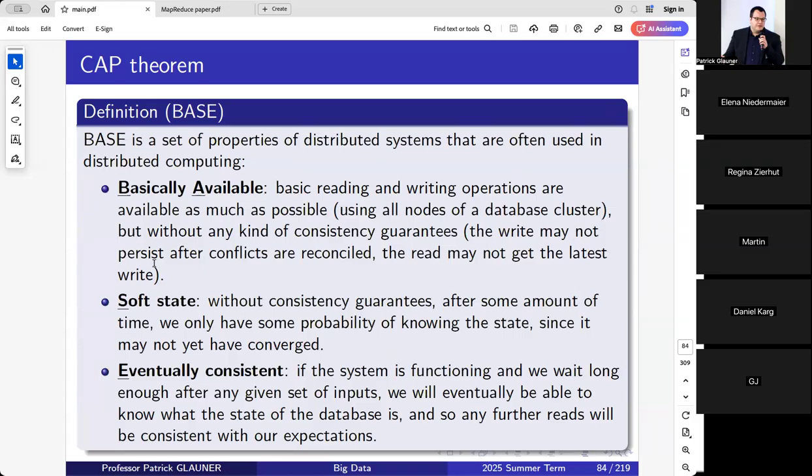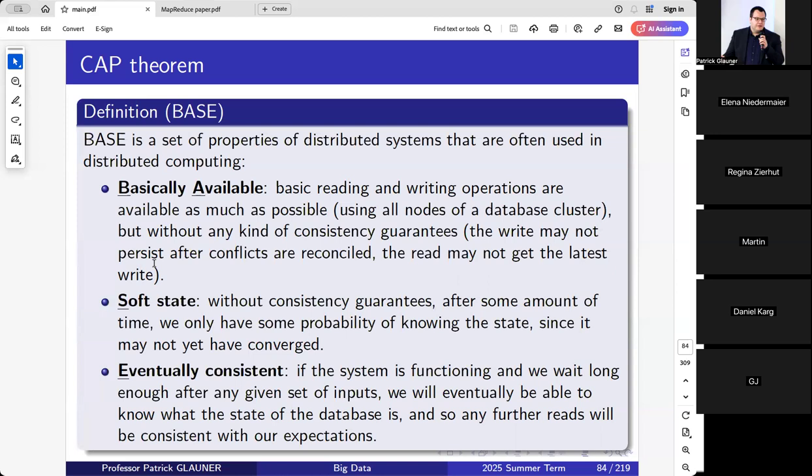Something quite fuzzy compared to ACID. But what does it do? Let's start with the soft state. We have states, but they are not fully consistent because we want the system to be available as much as possible. So we sacrifice consistency. So we deal with soft states, which are not always fully consistent.